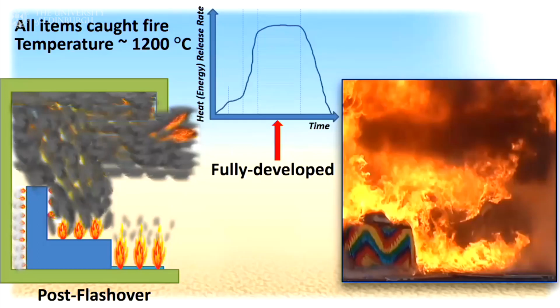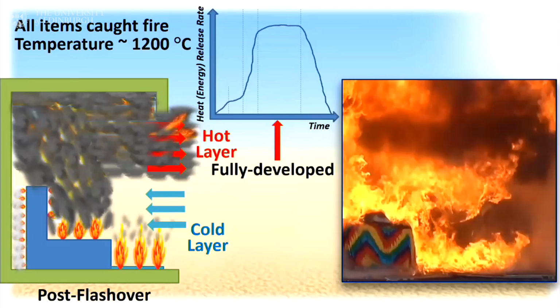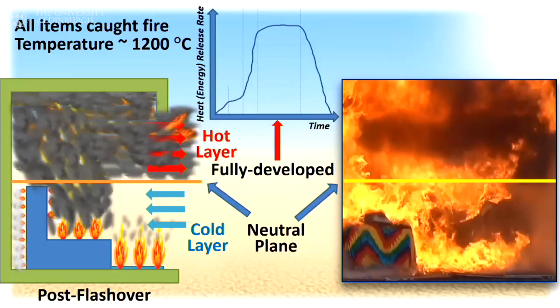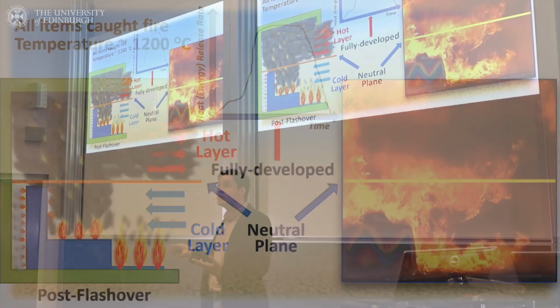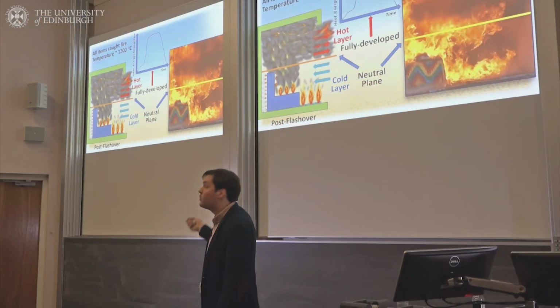And that's where the fire happening inside this compartment is now being limited by the amount of oxygen that can come in. So we have this hot layer of gases being thrown out, and we've got this cold layer of air coming in. And we have this idea of a neutral plane. This is a fairly regular and consistent thing that we can predict with our models, depending on how big the opening is.